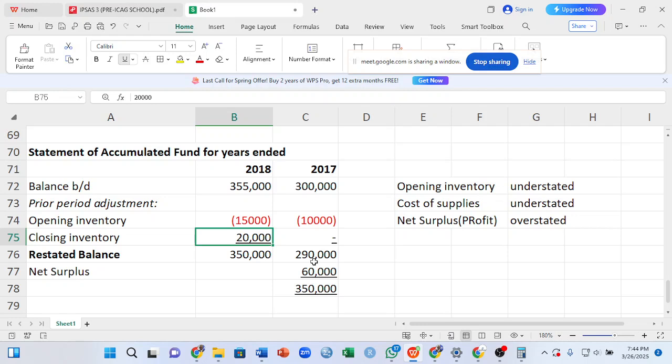Okay, so where did I go wrong? Let me analyze it.